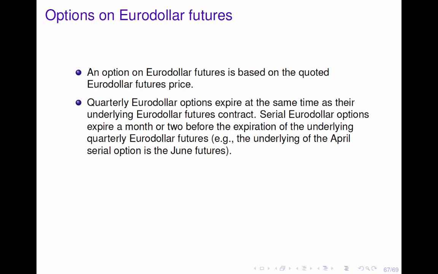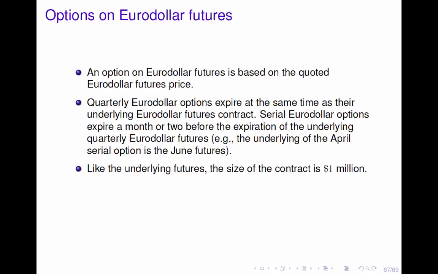Quarterly Eurodollar options expire at the same time as their underlying Eurodollar futures contract. Serial Eurodollar options expire a month or two before the expiration of the underlying quarterly Eurodollar futures. For example, the underlying of the April serial option is the June futures.